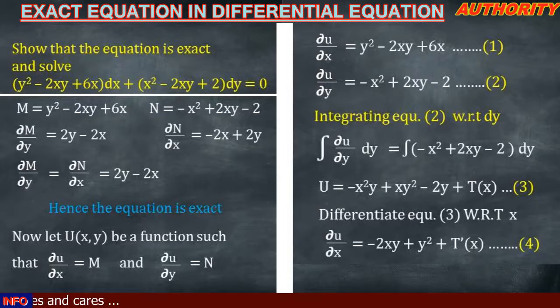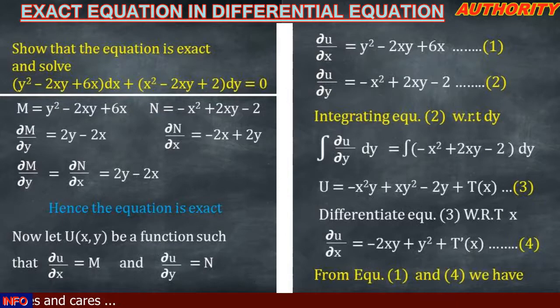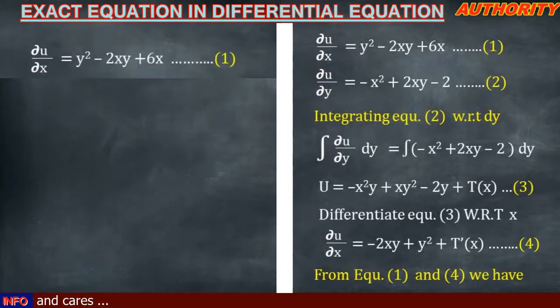Good. Now, let's go again. Let's go to the first and the second equation that we have. The first equation says the partial derivative of u with respect to x is equal to y squared minus 2xy plus 6x.